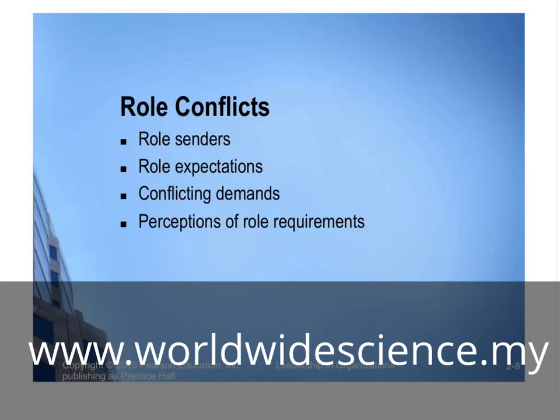And then perceptions of role requirements. A lot of times there is misunderstanding of what the role you are assigned entails when it comes to your job requirements. When you don't understand it fully and correctly, you will perform according to your understanding, and that will be different from what is expected of you. And then there will be a conflict.